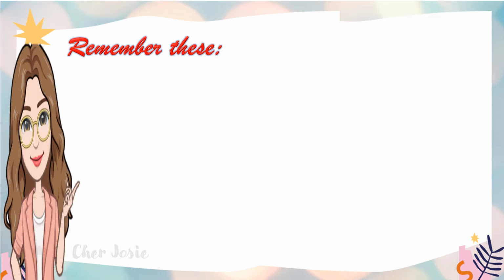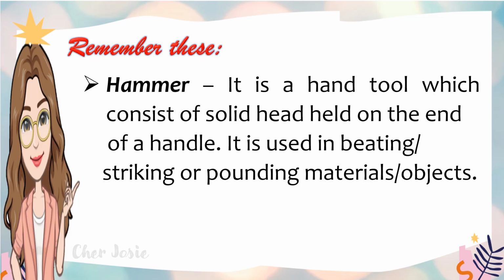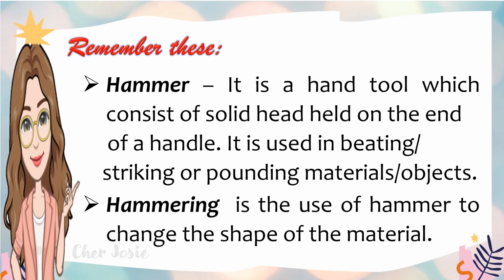Here are the things that you should remember. When we say hammer, it is a hand tool which consists of solid head held on the end of a handle. It is used in beating, striking, or pounding materials or objects. Hammering is the use of hammer to change the shape of the material.